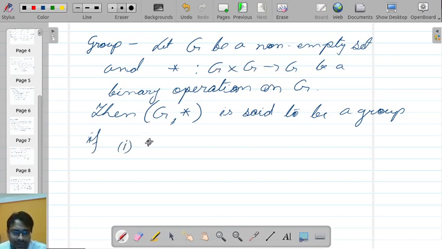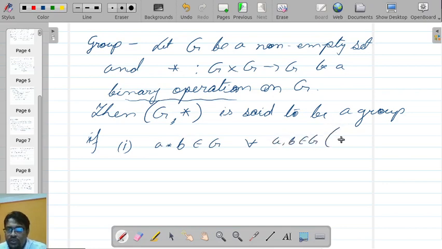Even though it's already included in this binary operation, let us state it again. A star B belongs to G for all A, B belongs to G. Okay, so this is redundant. Don't write this in exam.